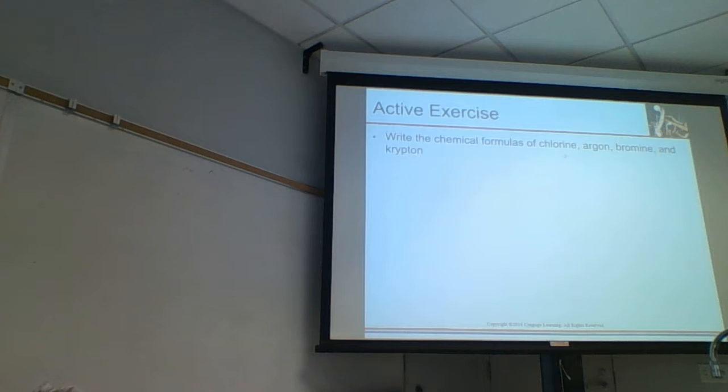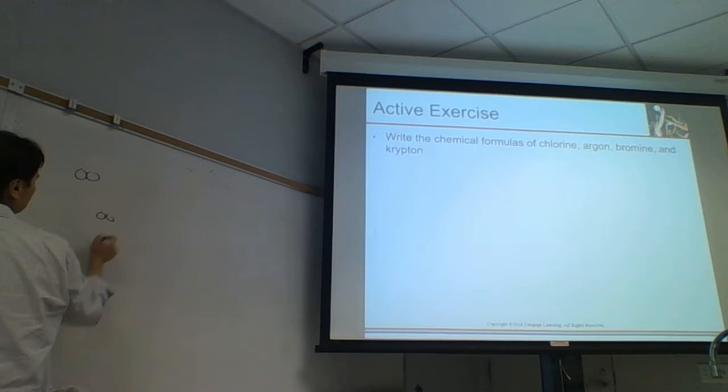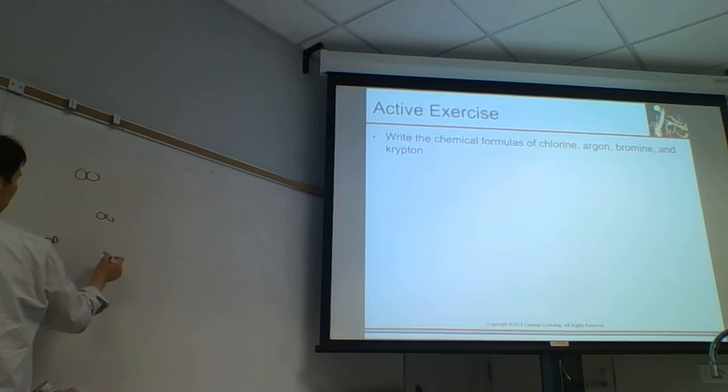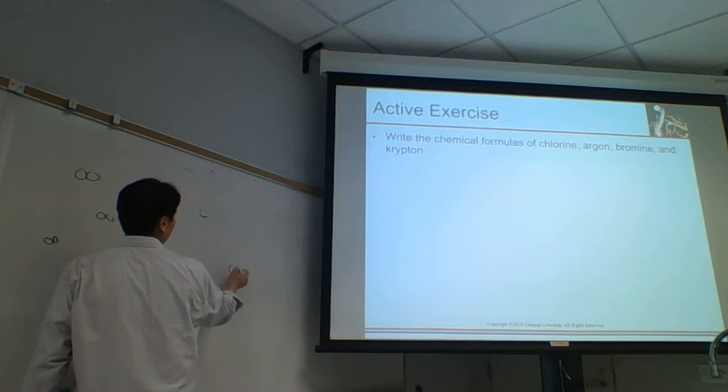Okay, so can we write the formula for chlorine? Cl2. Argon? Ar. Right. And so chlorine occurs as a diatomic gas, a gas molecule of chlorine. Argon occurs as a single atom gas.